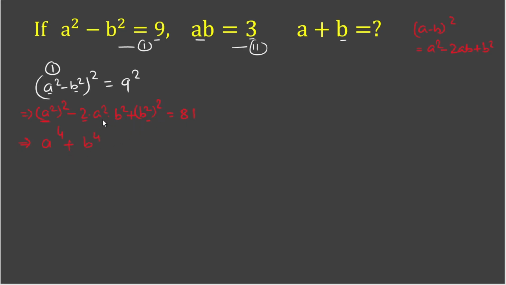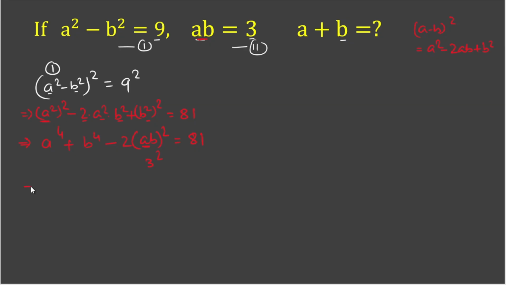Now 2 times a square b square, we can write it as negative 2 ab and its square. We have written ab square because we have the value of ab here, that is 3, and the equation is equal to 81. Now a times b is 3, so we can write it as 3 square.